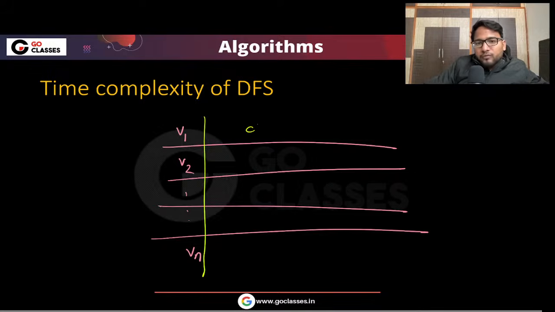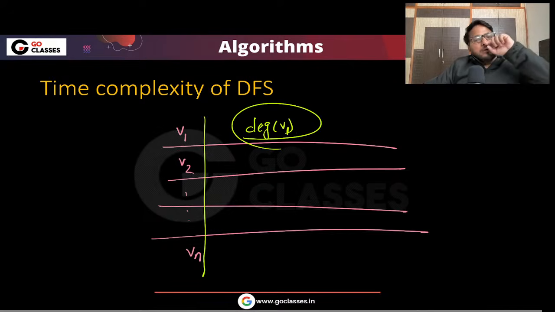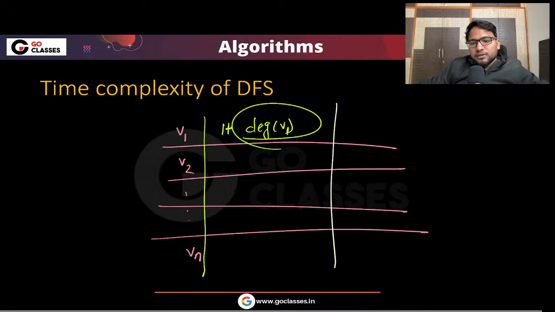You can say degree of V1, because you are doing the neighbors' work. And if the degree is 0, then at least the constant work you are doing. So 1 plus degree of V1, if that is an adjacency list.